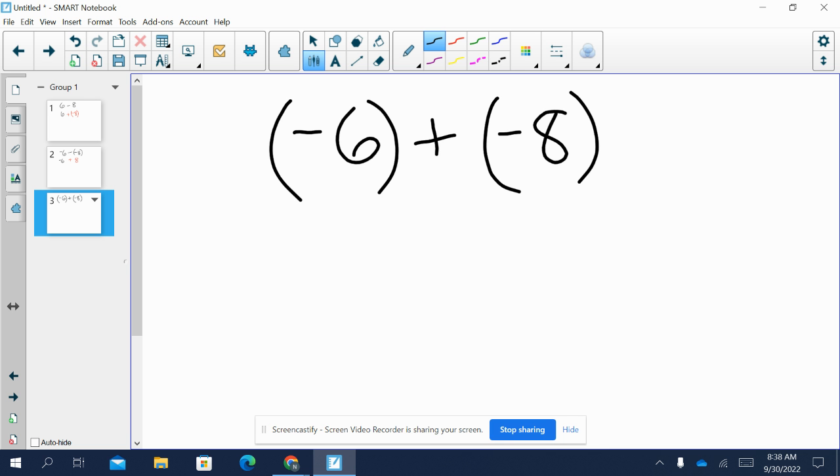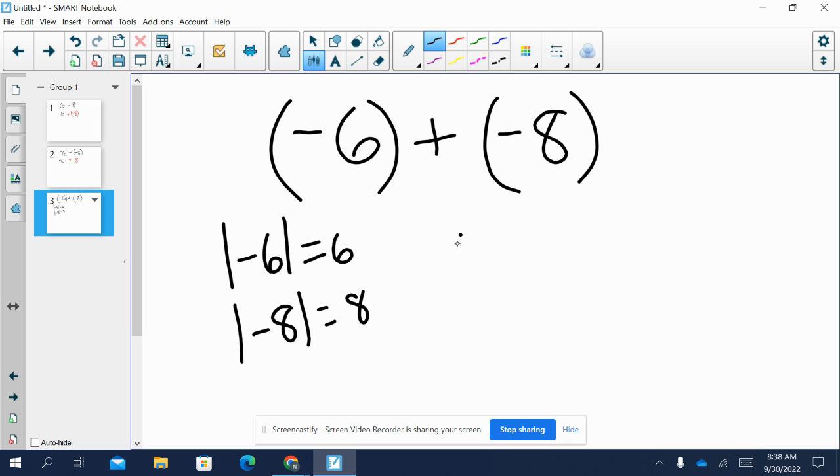Okay, so what the rule tells me is because these are both negative numbers, I can take the absolute value of negative 6, which is 6, and I can take the absolute value of negative 8, which is 8. I can add them together. 6 plus 8 equals 14. And then I need to go back and take into account if the numbers originally were positive or negative. And they were both negative.